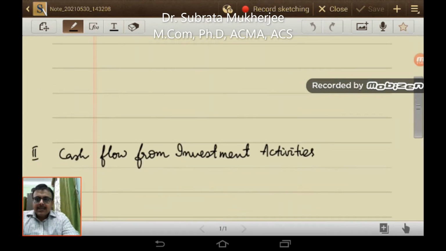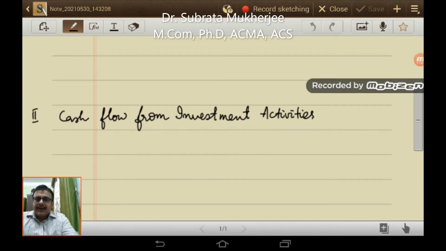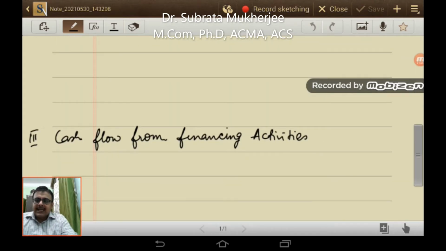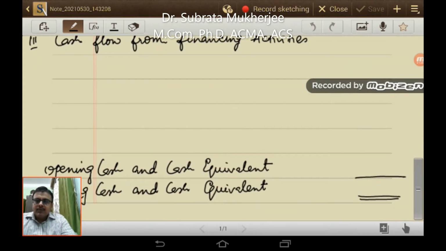The next activity is the cash flow from investing activity, and the third one is the cash flow from financing activities. And at the bottom we have written opening cash and cash equivalent and the closing cash and cash equivalent.